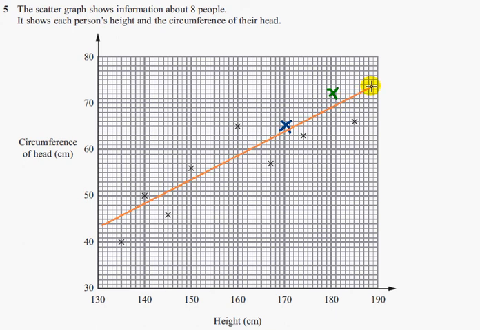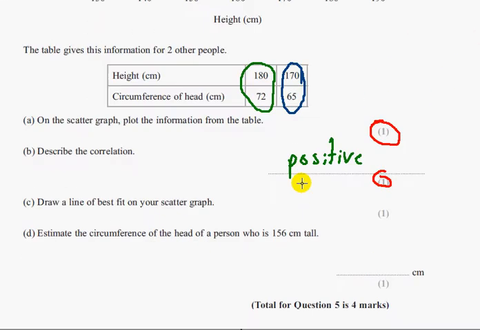You have to try and get roughly the same number of points on either side of the line, and also these distances from the point to the line of best fit should be roughly the same. Now if we have a look, this is also worth 1 mark.